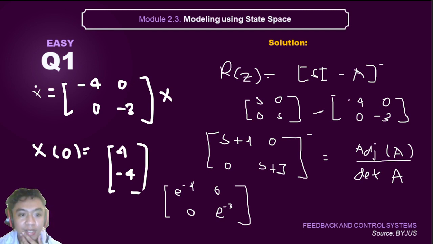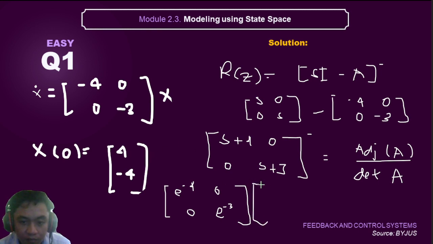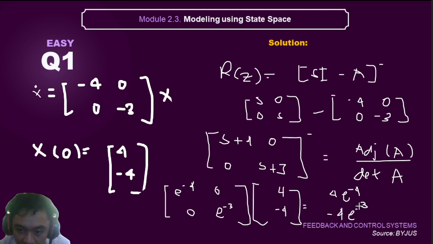we now multiply this matrix, the state transition matrix, by the initial state, since we're already given x of 0. So we have to multiply this, leaving us with the answer 4e to the negative 4t and negative 4e to the negative 3t.